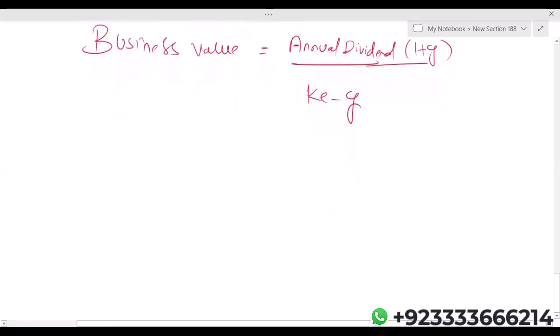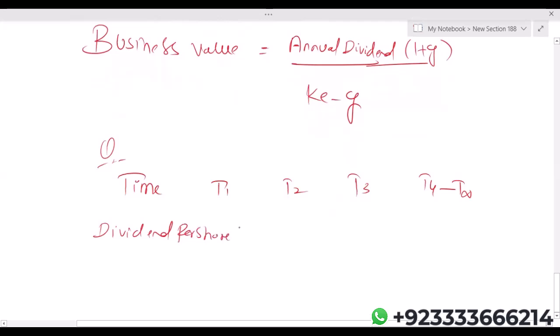Okay, now in the dividend valuation model, sometimes the examiner gives you information like this. Let's say there's a question: T1, T2, T3. If the examiner says dividend per share is 0.4, 0.43, 0.47, and after this, from T4 till T infinity, it will keep increasing by 3%.